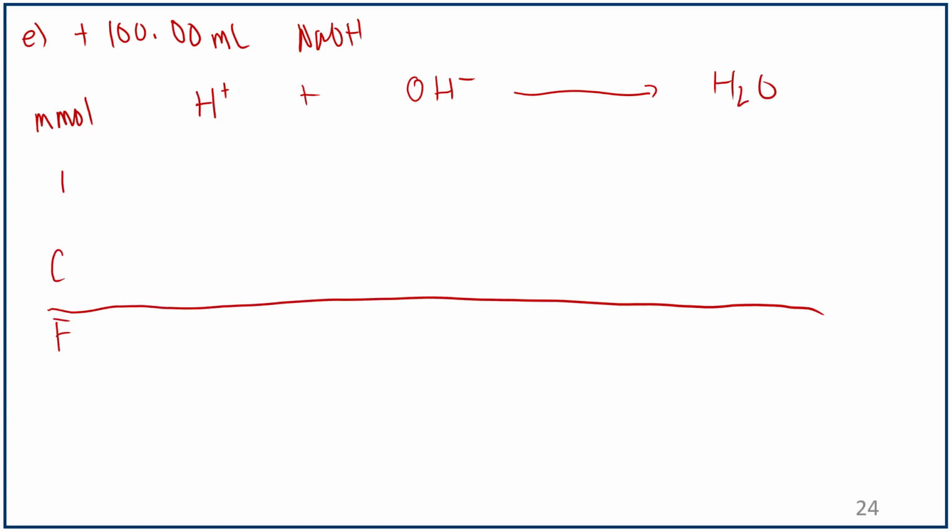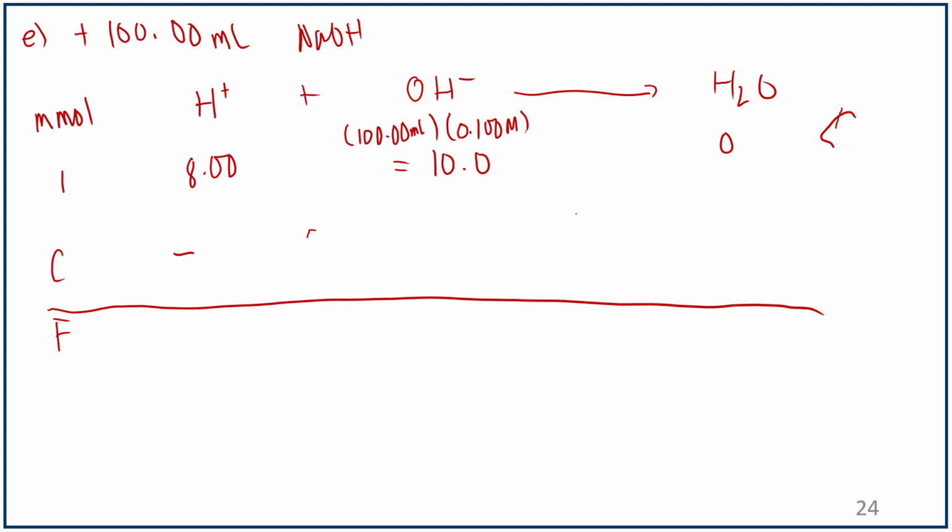So for this one, again, we still begin with 8 millimoles of H plus. For OH, we have 100.00 ml times 0.100 molar. This one will be equal to 10.0, let's use the appropriate number of sig figs. Then water is 0.